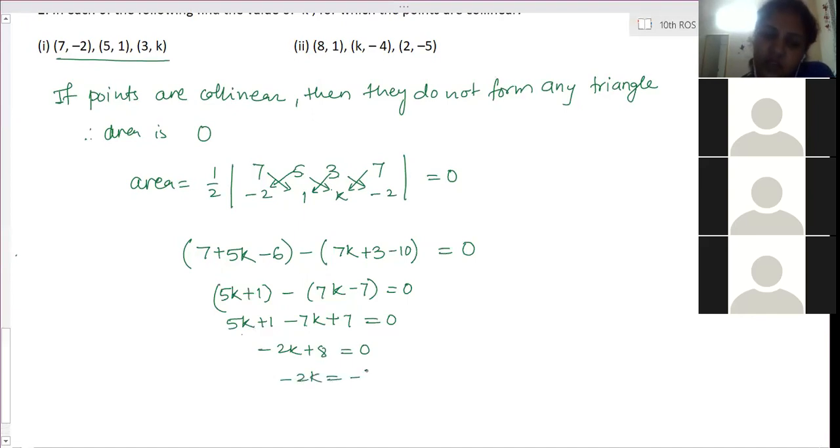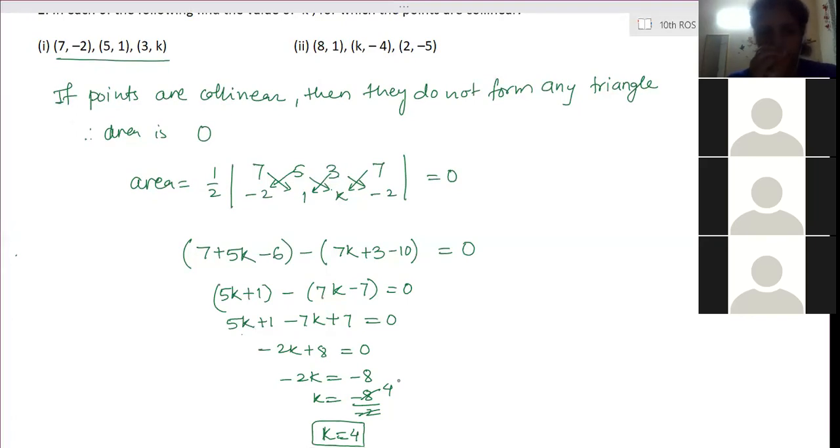Minus 2k is equal to minus 8. k is equal to minus 8 by minus 2, that is 4. So the value of k is equal to 4. Is it clear? Yes, ma'am.